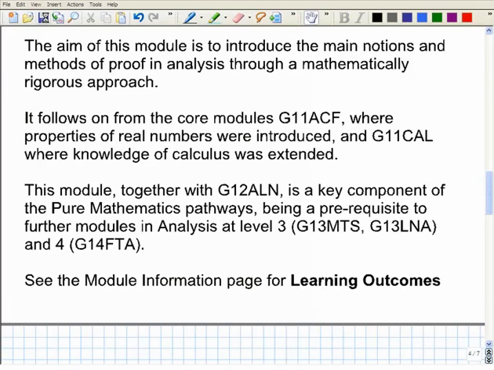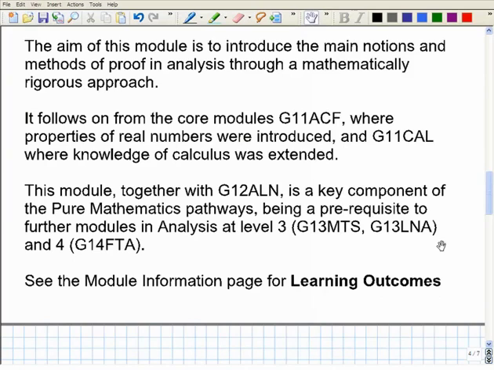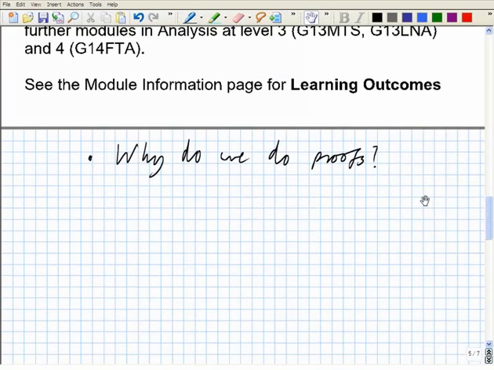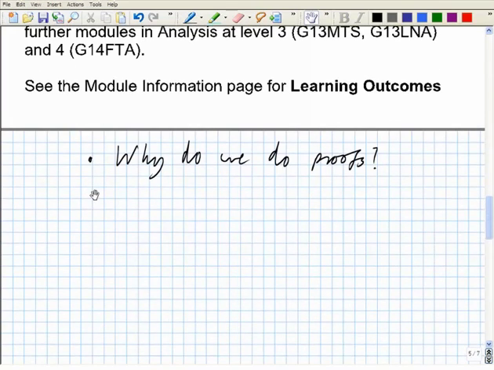So let me tell you something about why we do proofs and how we do proofs. And I'm not going to say much about this, but I just want to point out to you that sometimes you have to be careful. So there's why do we do proofs and there's how do we do proofs.